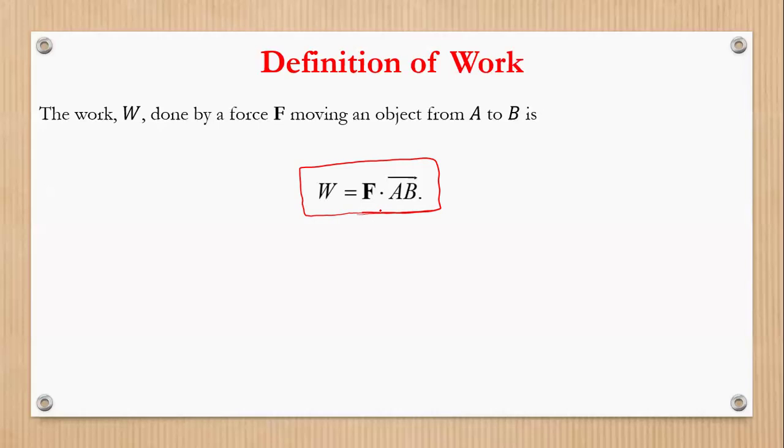So let's look at an example first. And just remember that this F is a vector as well, and AB is also a vector, okay?